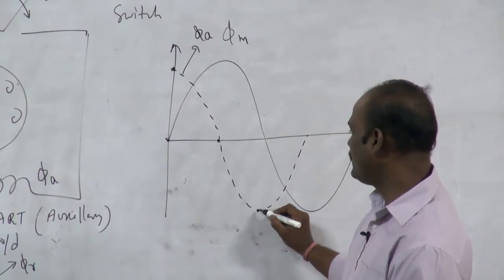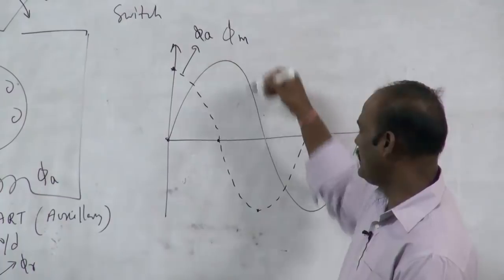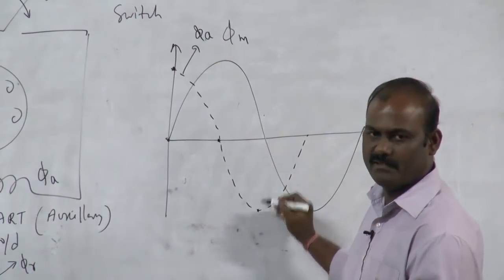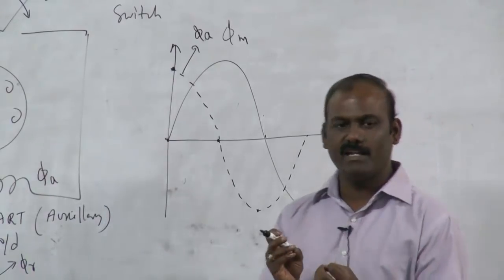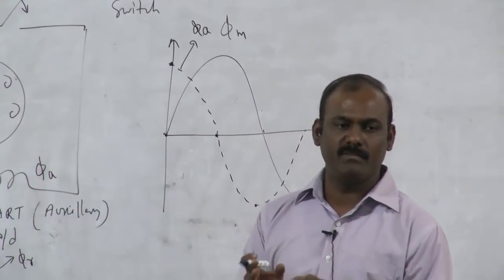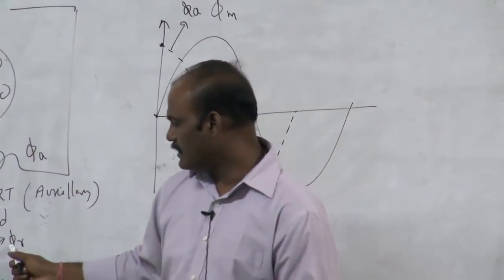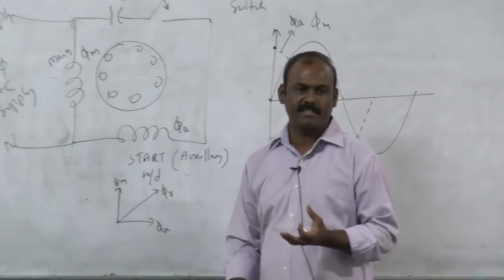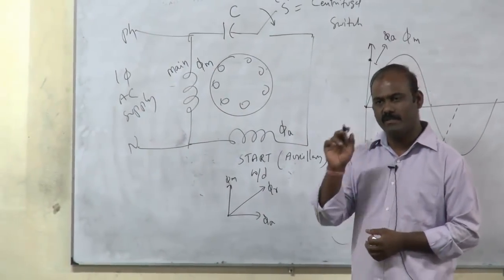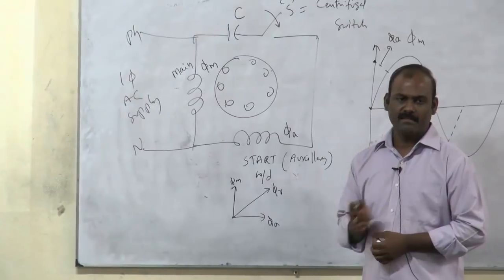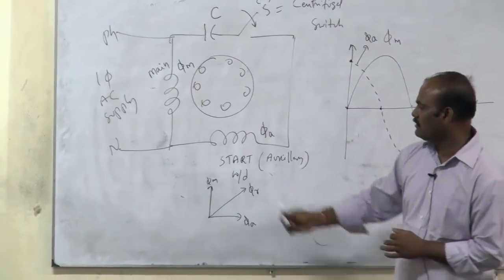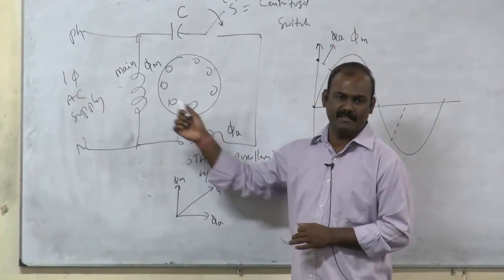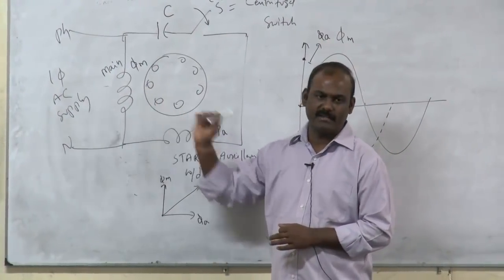At this particular point, phi a is having some value, phi m will be 0. Like that, at every particular point, one value will become 0 and another value will be available, so that the resultant can be obtained. Every instant the resultant will be there, that will rotate in either clockwise direction or anti-clockwise direction. That depends on how we have connected the main and start winding.